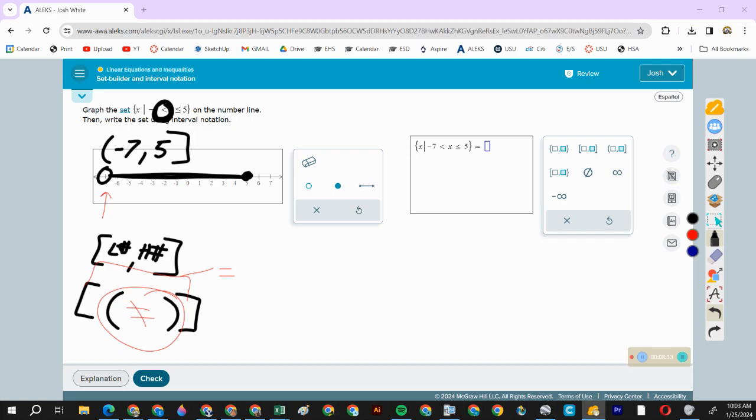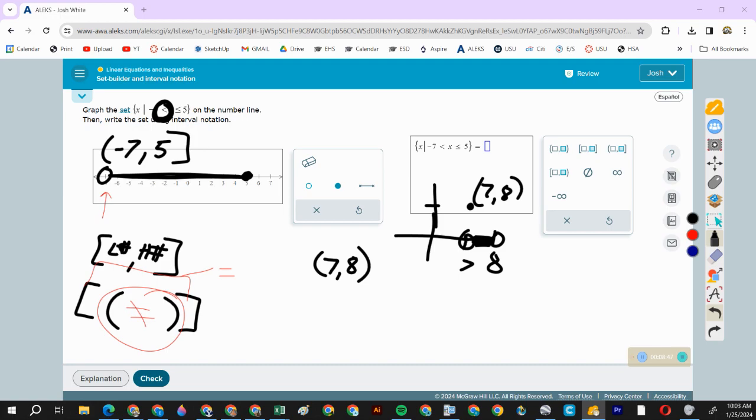Okay. Now, there is one little trick here. What if I had 7, 8? What does that mean? Well, it could mean two different things. It could mean the point 7, 8. Right? It could also mean every x from 7 to 8. So how do I know the difference?